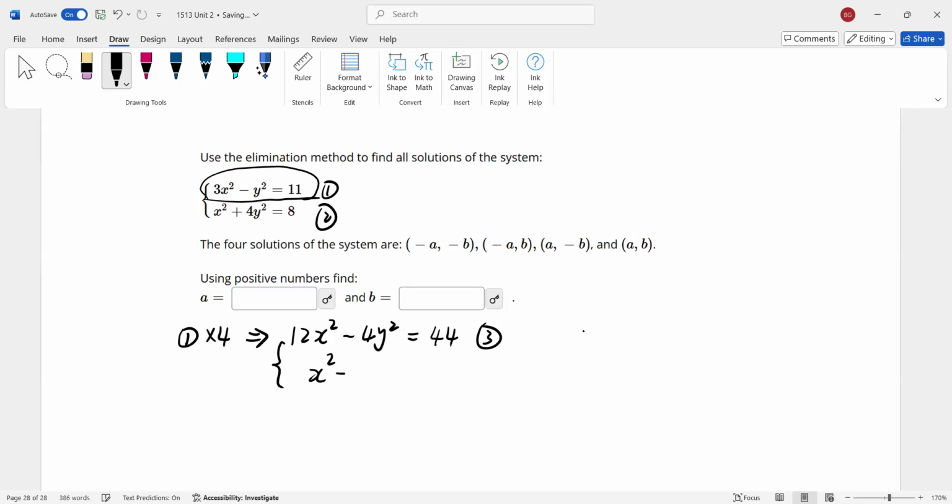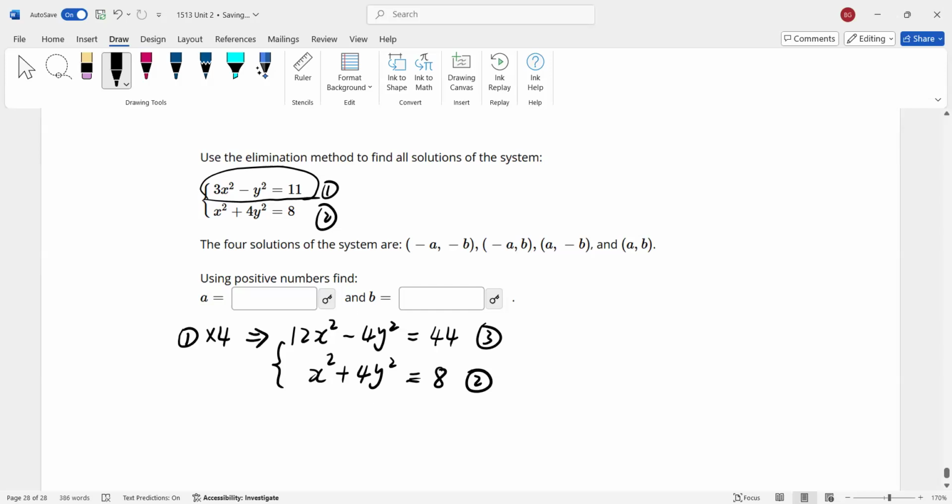And then I'm going to put equation 3 with equation 2. Equation 2 is x squared plus 4y squared equals 8. You can see the reason I process the system this way: when you look at equation 3 and equation 2, the y squared terms have opposite coefficients.